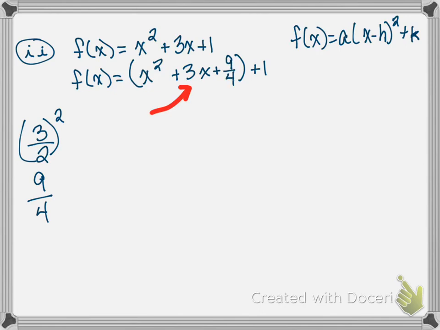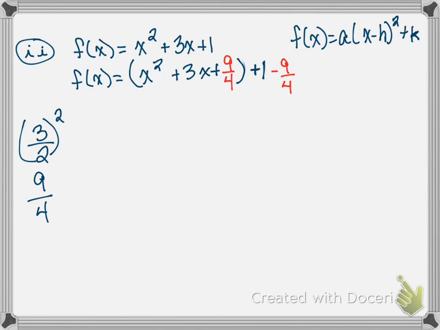If I add 9 over 4 on the inside of the parenthesis, I need to subtract it, and let me do that in a different color just so we can keep it all straight. So I am adding 9 over 4 here. That's what I'm adding on the inside of that parentheses. So if I add it there, I need to subtract it here.